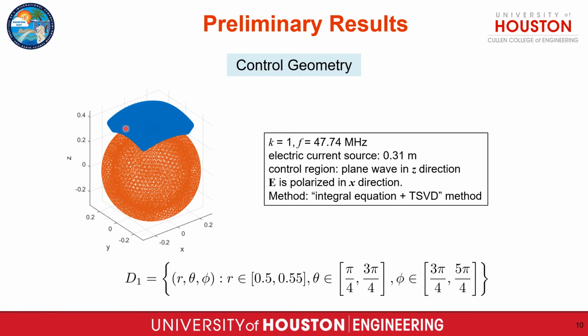This is the annular sector, and the orange one is the source. It's a sphere. These are some parameters. We want to generate a plane wave in this direction, and the electric field is polarized in the x direction. This is the definition of this region.